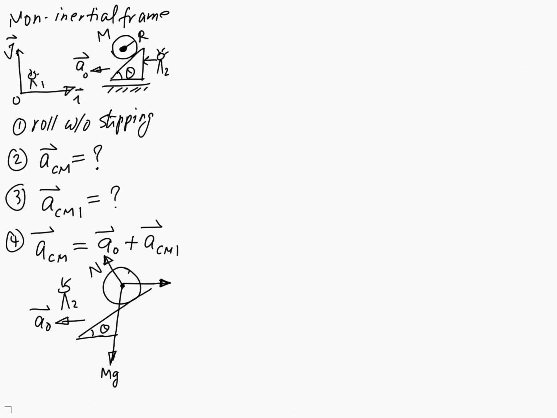That means every object inside that frame will see a force in the opposite direction of a0. The force is called F prime, equal to what? Equal to m a0 in magnitude. This is due to the equivalence principle proposed by Einstein.